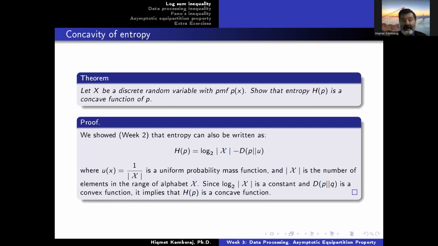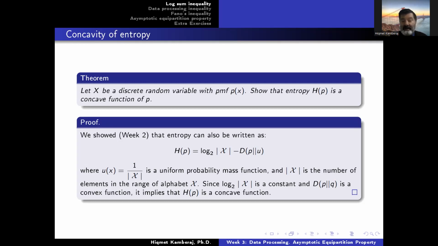We showed last week, in week number 2, that the entropy can also be written as follows: H of P is equal to log with base 2 of the cardinality of the alphabet set chi, minus the relative entropy of P from the uniform probability mass function U of x, which is 1 over the cardinality of chi.